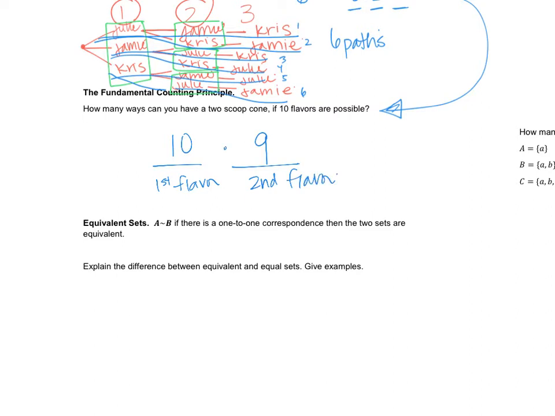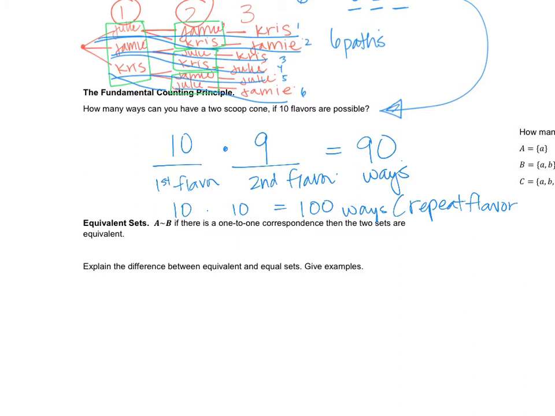And so we could multiply those together, and there are 90 ways to make a 2-scoop cone. But if you don't mind the same flavor again, you could say 10 times 10, which would be 100 ways if you can repeat the flavor. So it depends if you want 2 the same or not. It wasn't stated in the question if they were the same.